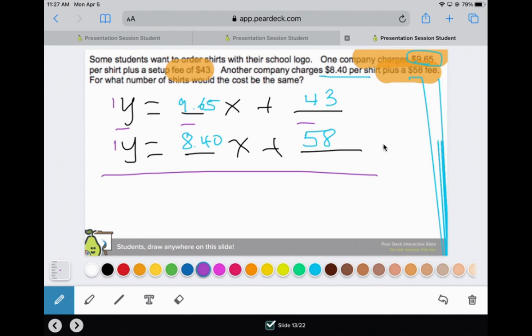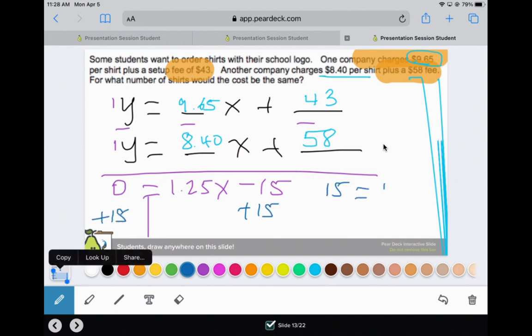This is 1 and this is 1, so this is 0. Then you subtract the other numbers, 9.65 minus 8.4, and then 43 minus 58.